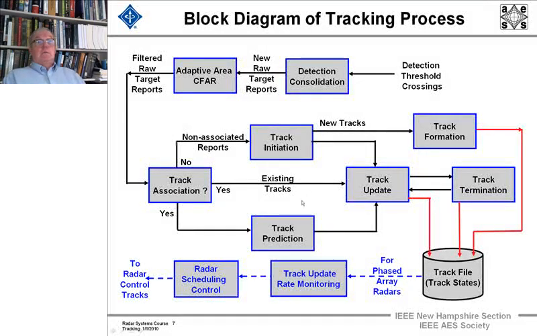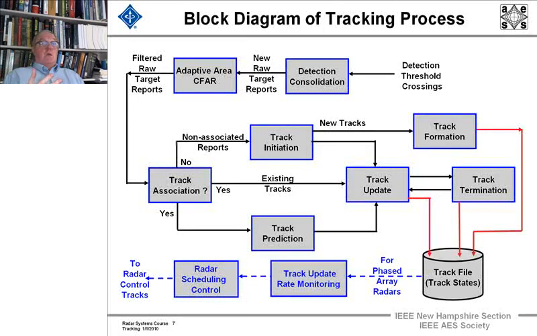And here it is. This is really a generic block diagram of pretty much all tracking radars in a general sense. There'll be little deviations, but as we're going to slowly go through this, we have detection threshold crossings, which I showed you earlier. From one scan of a radar, you could have many detections in Doppler space.